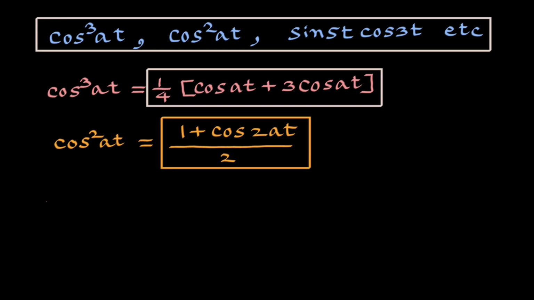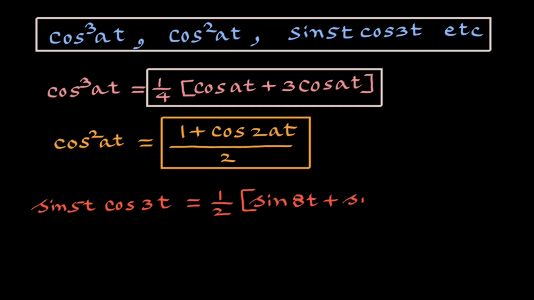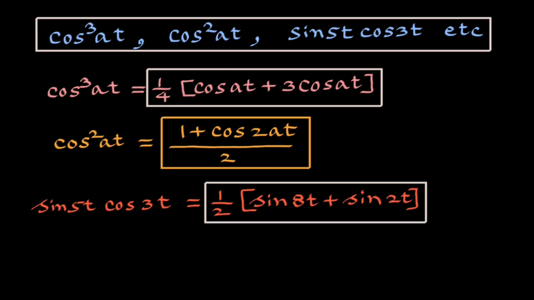Or we can write sin 5t cos 3t by factorization formulae as 1 half sin of 5t plus 3t, that is 8t, plus sin of 5t minus 3t, that is 2t. And now we can easily find Laplace transform of this part. So basic knowledge of trigonometry and algebraic manipulations is a must in finding Laplace transforms of these kinds of trigonometric functions.